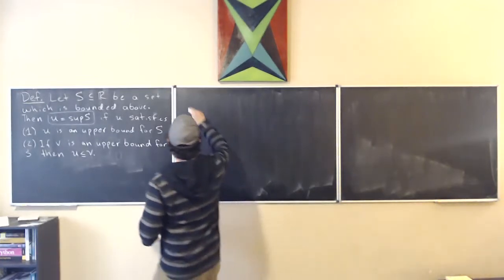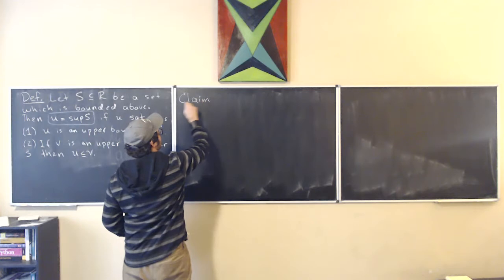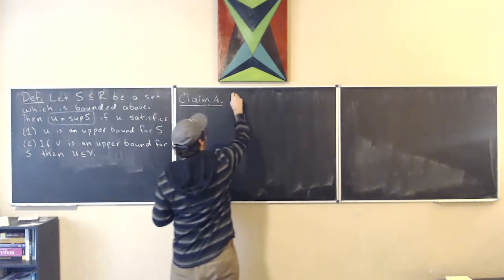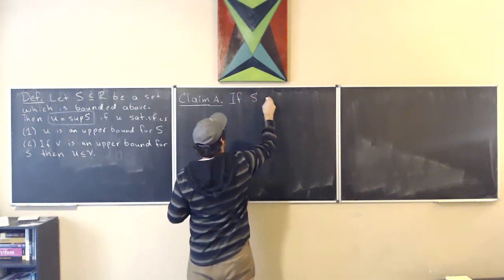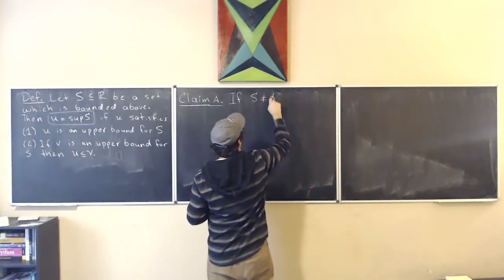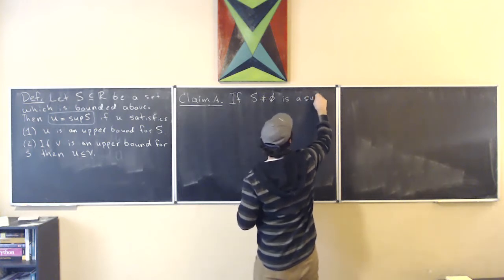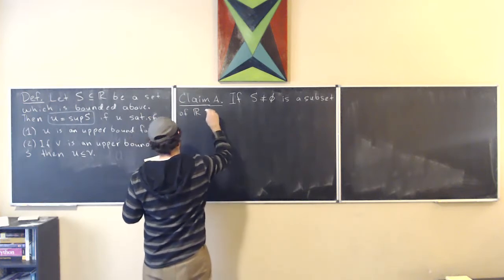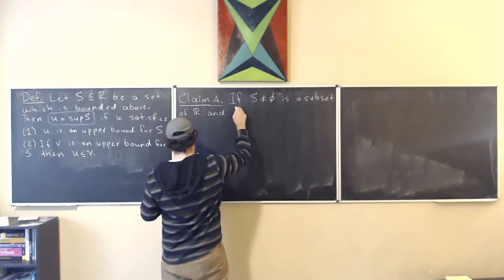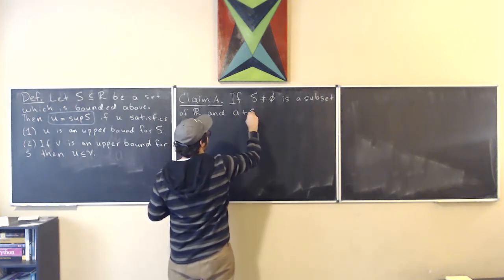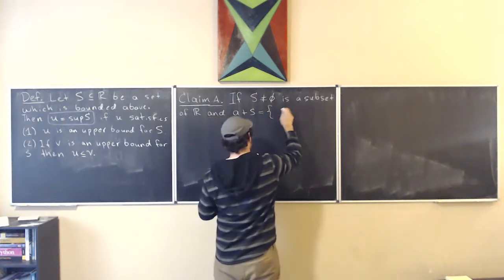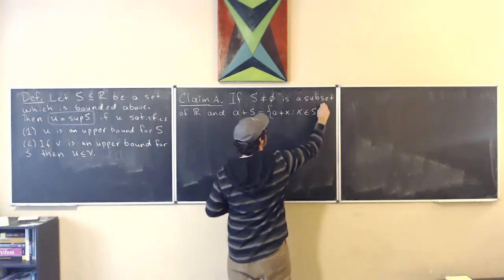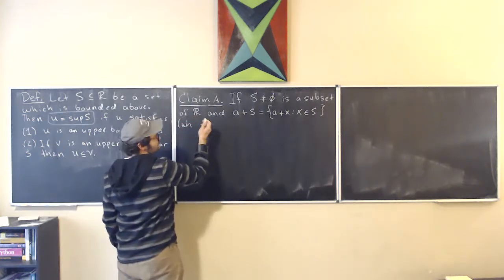Okay, so let's look at the following claim. I'll call this claim A. If S, not equal to the empty set, is a subset of real numbers, and we'll say the set a plus S is equal to the set of all a plus x, such that x is in S, where a is just some real number.